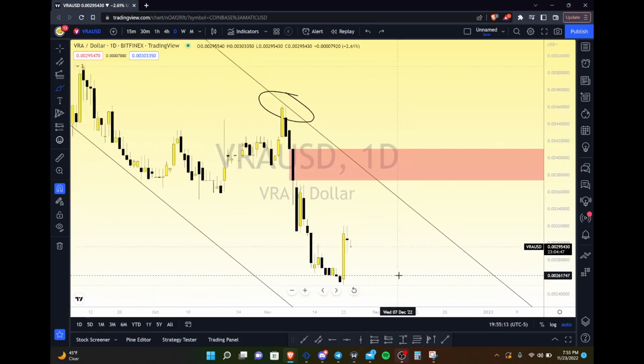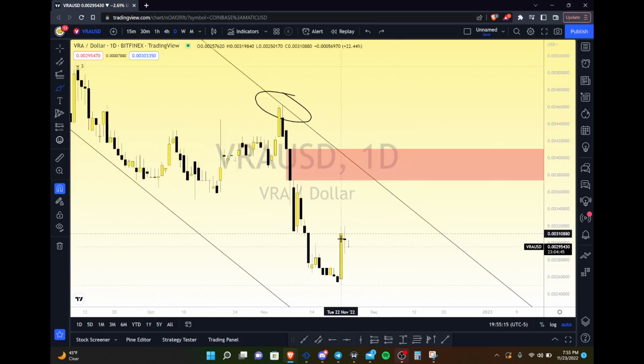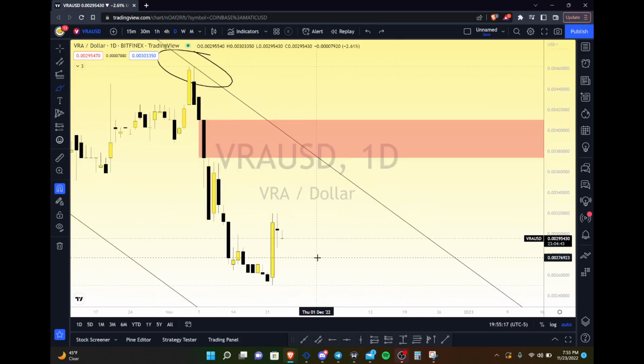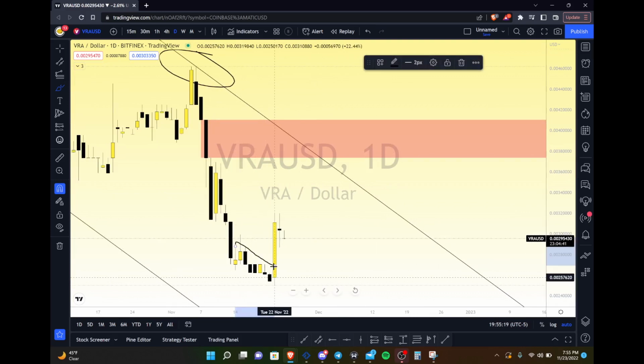We've had a very nice, beautiful bull candle here from what I would consider bullish consolidation. You have this descending wedge structure here. Okay, it broke bullish, and now you have what looks like potentially the beginning of bullish consolidation, like a bull flag of some sort. But be careful, from what I can see, at least on the Bitfinex chart, there's not that much volume, so things can get a little wacky.